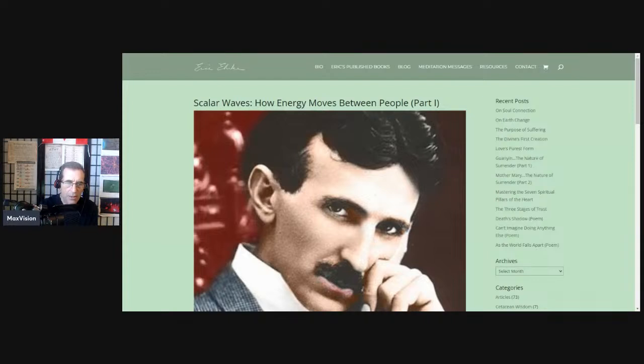So it seems that scalar waves are like standing quantities, standing energies. Let's go on to read what they have here in front of you. What about magnetism? Magnetism is not a scalar wave because it has direction under the scientific definition.